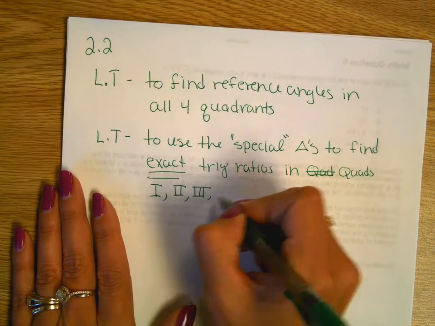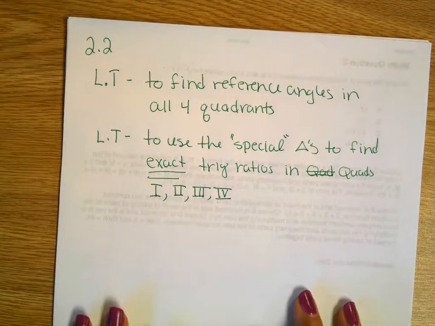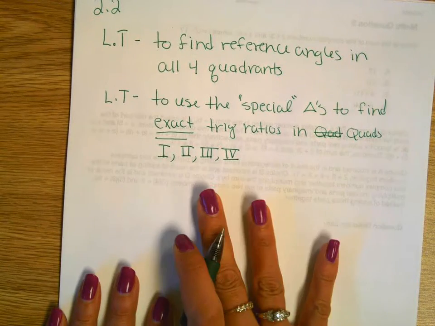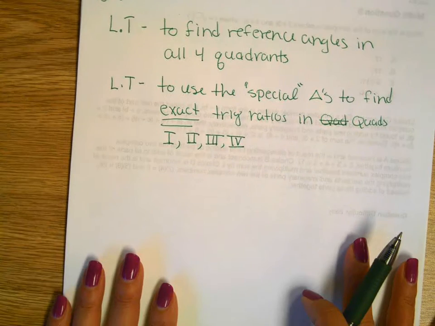Every quadrant. We did first quadrant yesterday, but we're going to hit it again today. The only thing we're doing in the notes here is learning target 1. Learning target 2 is going to be done in the little packet.